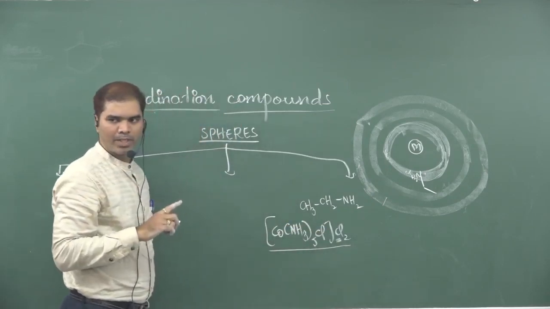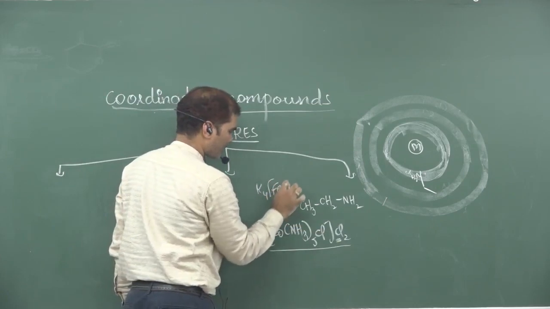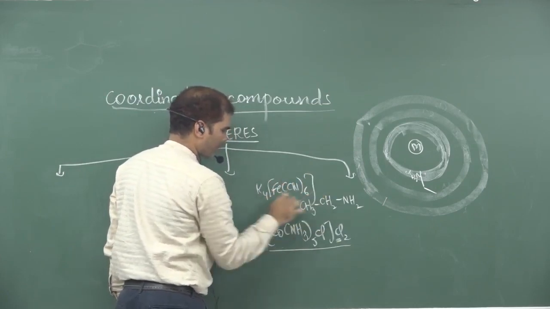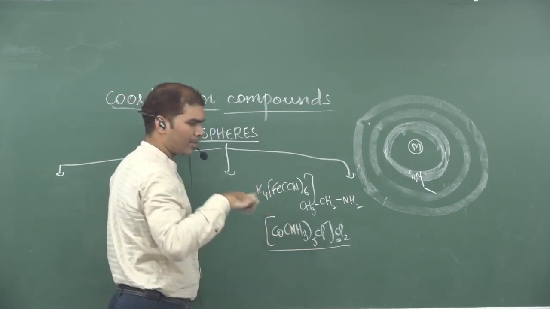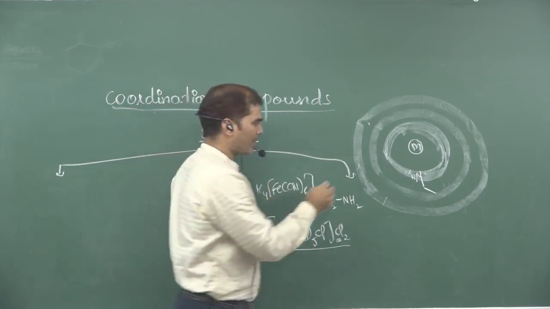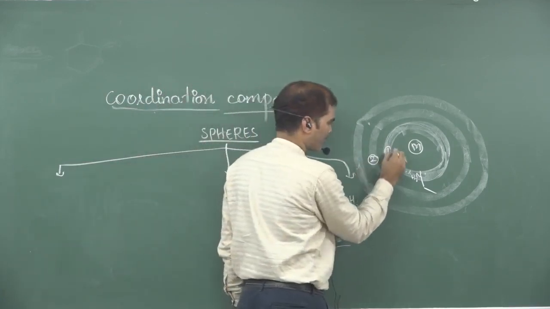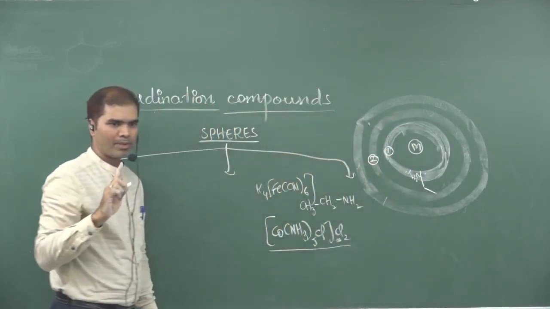So whichever counter ion that is present, let it be a counter anion or let it be a counter cation. These cation or anion, they also surround the metal, but from outside. That sphere you call it as ionization sphere.